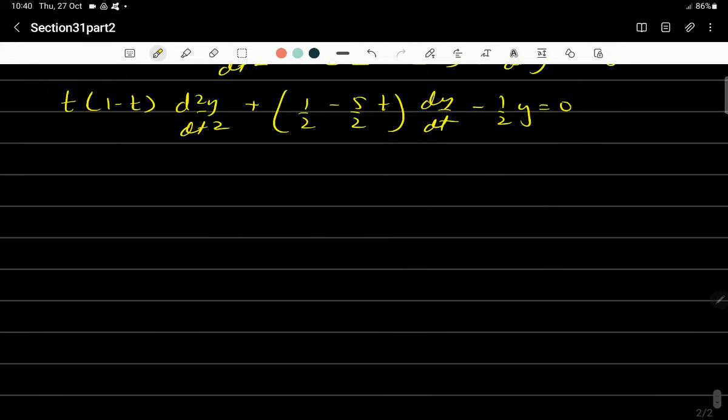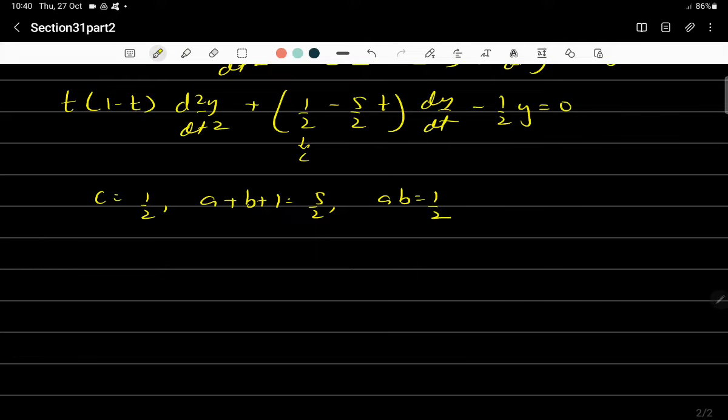Now if you compare it with the hypergeometric equation, then this is your c. So c is equal to half, a plus b plus 1 is equal to 5 by 2 and ab is equal to half. Now you can solve a plus b plus 1 is equal to 5 by 2 and ab is equal to half.